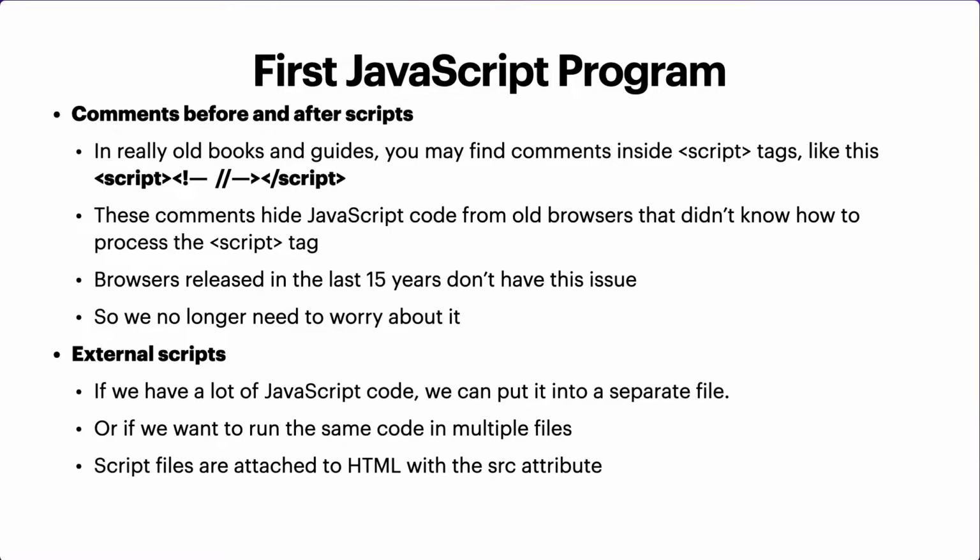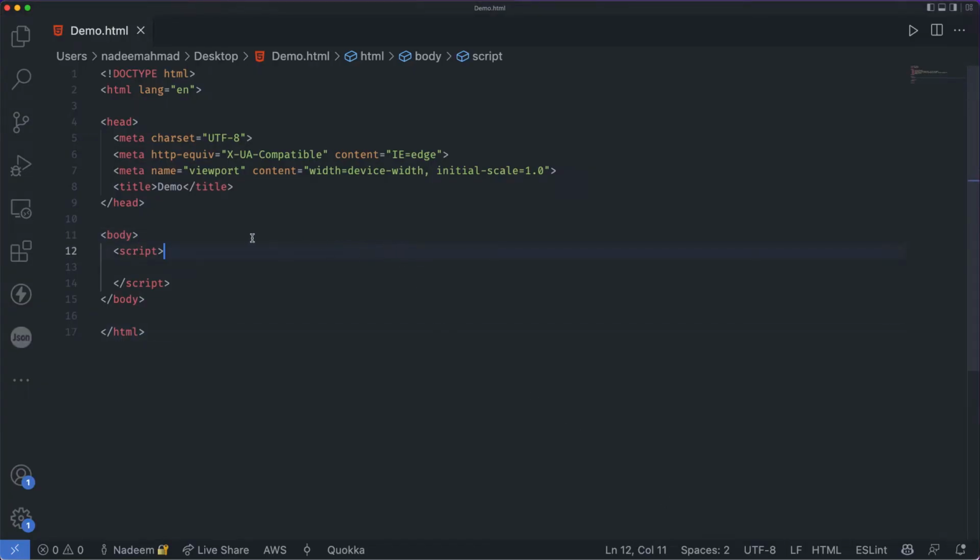For example, if I create a simple script file and I want to attach it to this HTML page and run that code in this HTML page, what I have to do is specify this attribute, and then put the path to the script file wherever we are saving it. We just specify the path, and it will be executed automatically.